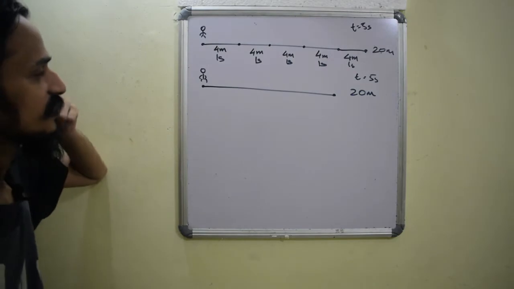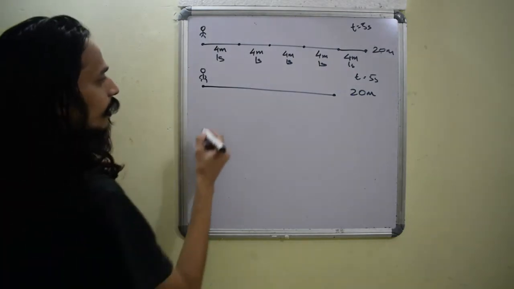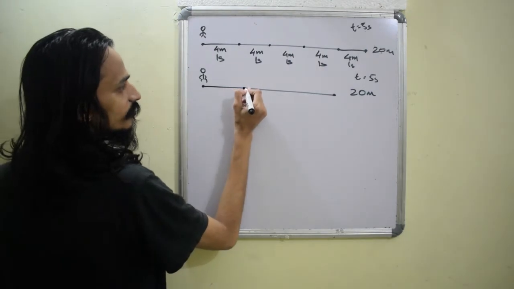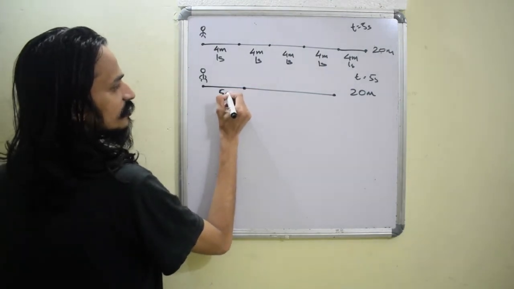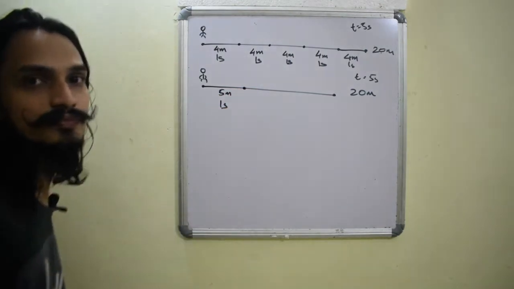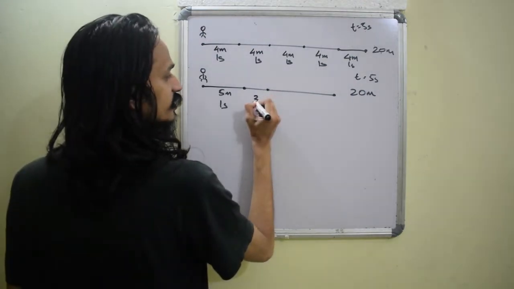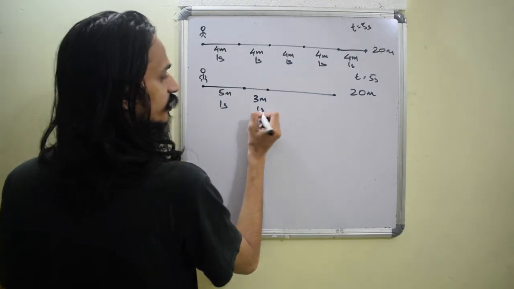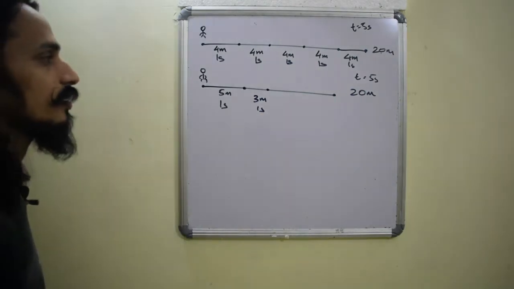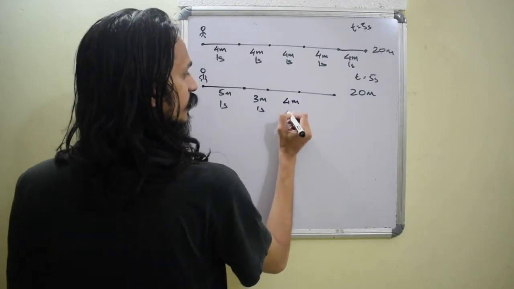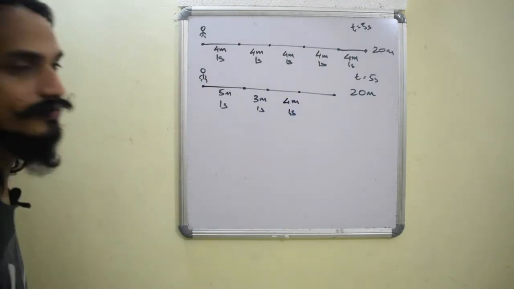Now the second person, first he covers, let's say, some 5 meters in 1 second. Then next he'll cover some 3 meters in 1 second. Then he covers some 4 meters in 1 second.